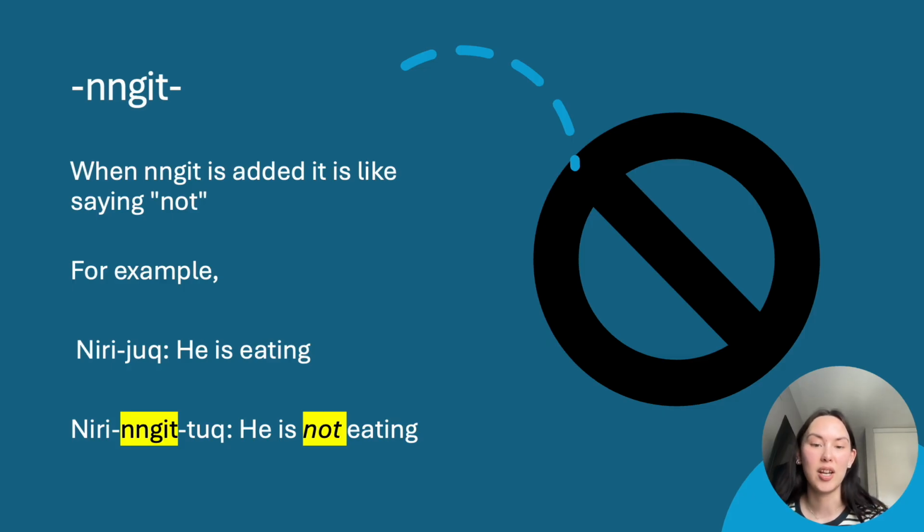He is not eating, or he didn't eat. So because nere ends in a vowel, you could just add ngit right in there. And the reason why we're getting into this now is because when you're introducing yourself, or when you're maybe asking somebody how they're doing, ngit is going to be in there. So it's important to know what it means when you hear ngit.